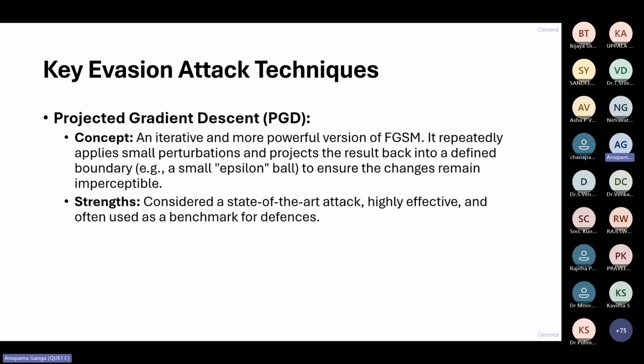In the input data, it is not like we always go with a fixed start point. In this PGD technique, we choose a random point, and at that random point we introduce a small change in the input.